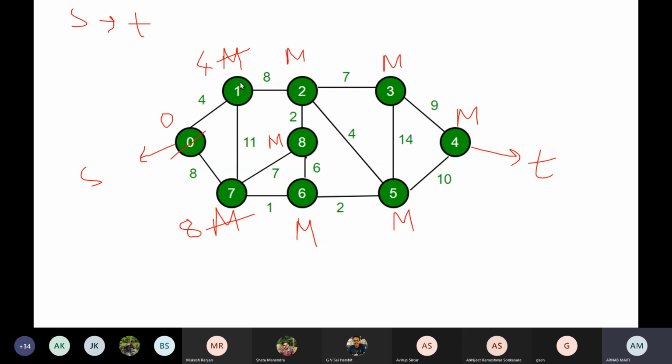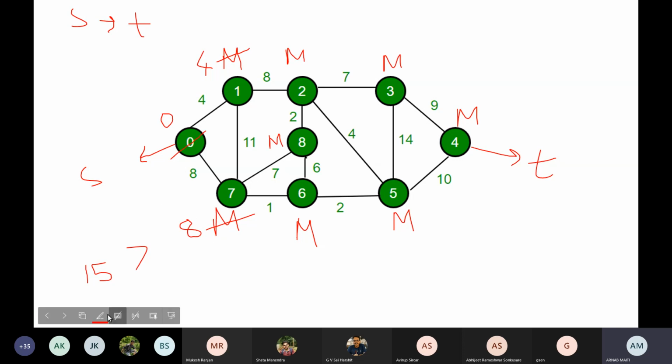Among the vertices which are remaining, the lowest value is 4. So we'll choose this vertex and start exploring its neighbors. Now observe that 4 plus 11 is 15. This 15 is actually more than this 8, so we'll not do anything to this value.